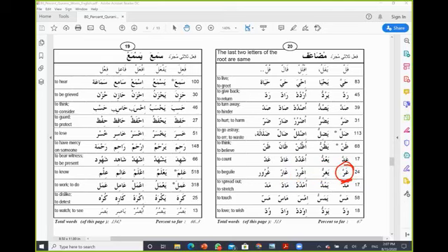Because the word ghurur, pride, is you're exaggerating the reality of something, and here you're exaggerating your own ego, who you are. So you have this pride. And remember, when we said gharra, you're exaggerating the goodness of something, but then the conclusion is totally different.